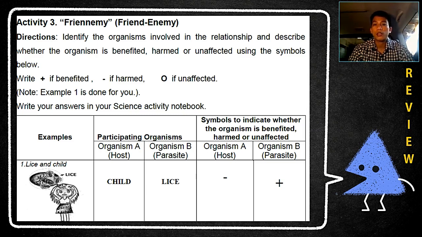Write your answers in your science activity notebook. So, lice and child. So, child for A, host for the parasite, organism B. So, for the host, it is minus because the child is harmed, while the parasite or the lice is benefited.